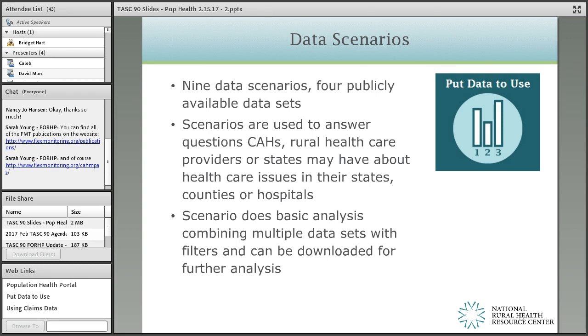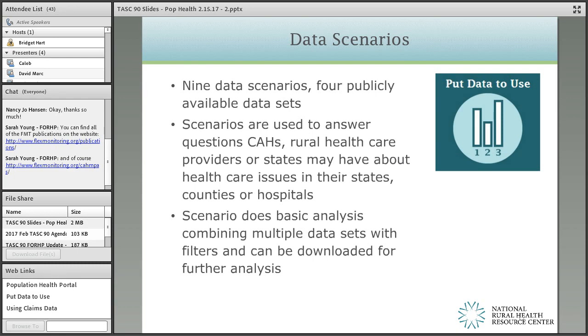And there are filters, which I'll demo in a minute, that allow you to filter by state or by hospital type, such as critical access hospitals, a specific county, or different measures.